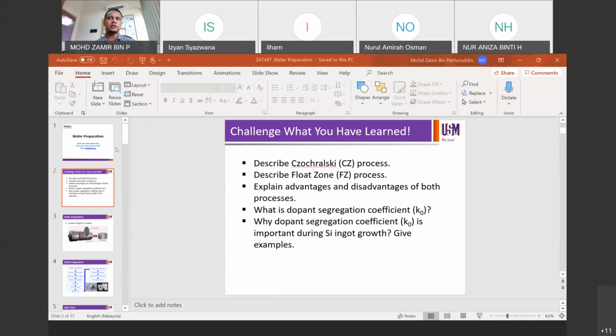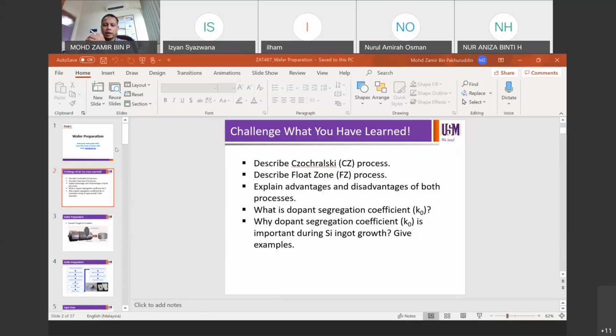CZ involves a contact process between the crucible and the molten bath, the molten silicon. And float zone, on the other hand, uses a non-contact RF coil to do the melting. So the key there is the melting process.